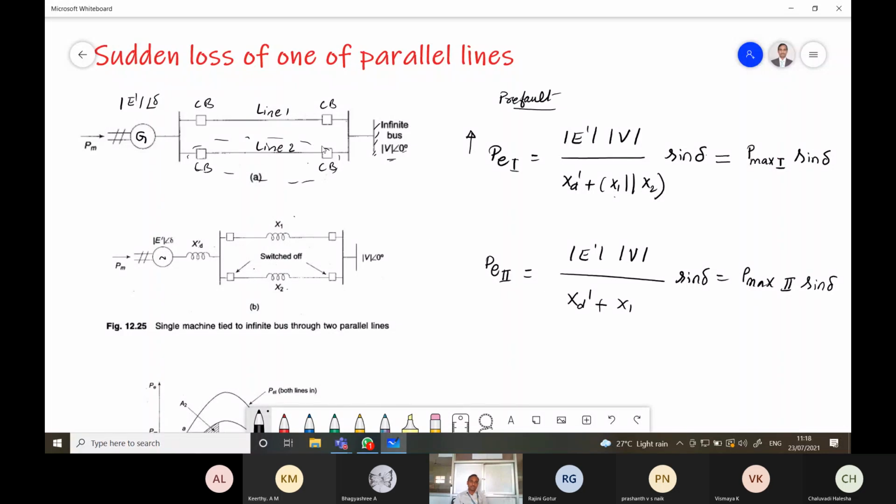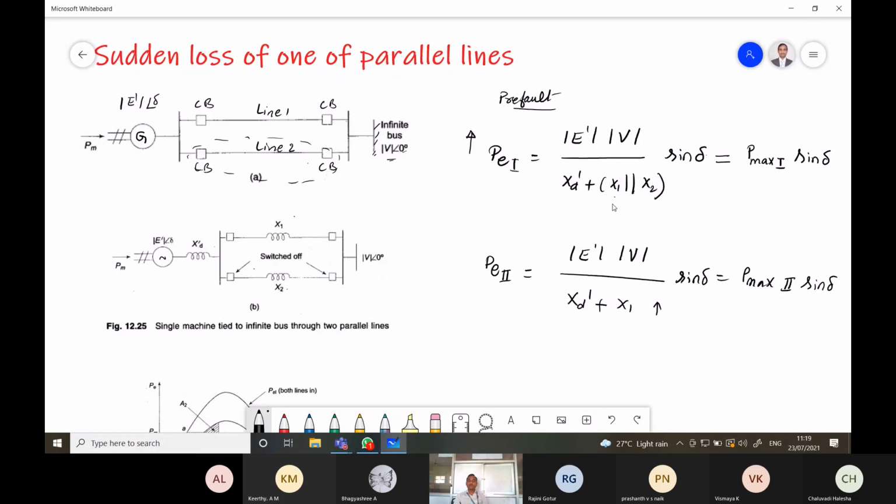When both lines are connected we get more power output because the line reactance is less, as X1 and X2 are in parallel. In the second case the line reactance is more, as there is no parallel.